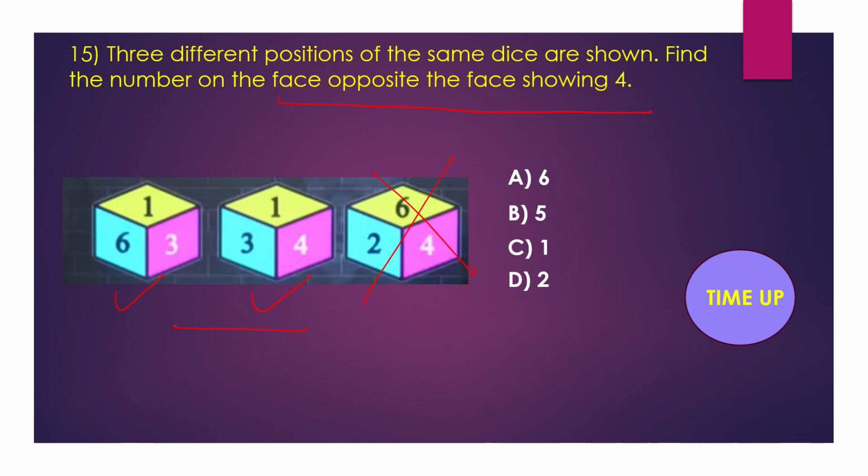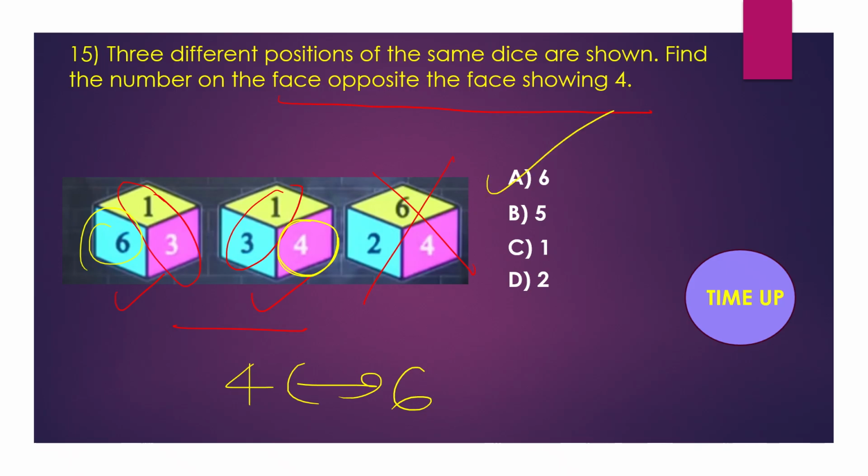If you compare the first and second dice, 1 and 3 are common. And whatever numbers are left, that becomes the opposite. So 4 and 6 are left. So 4 का opposite क्या हो गया? 6. So what is asked? Opposite to 4 is only asked. So the opposite of 4 will be 6. See how simple it is? Okay.